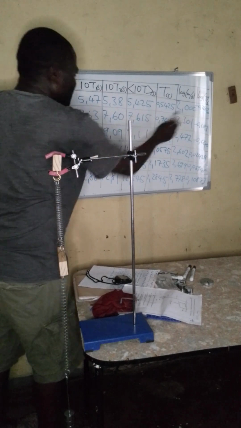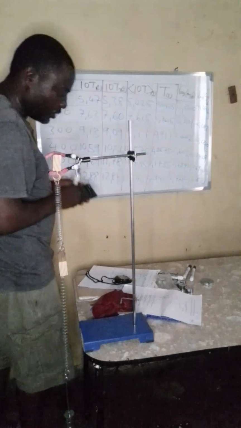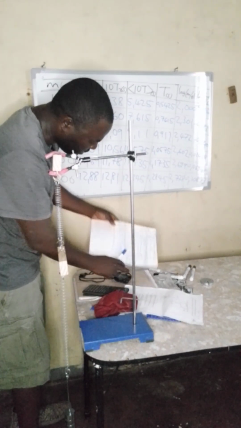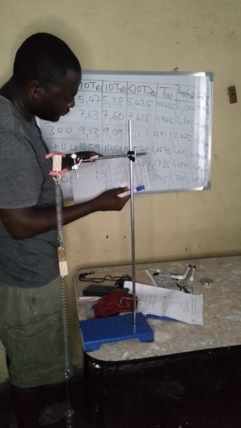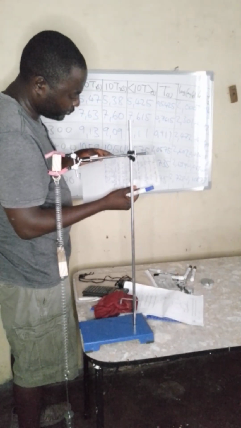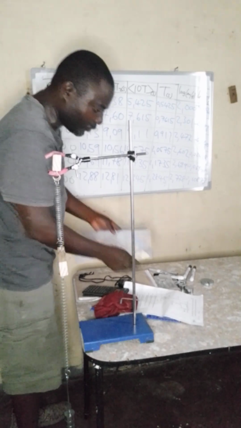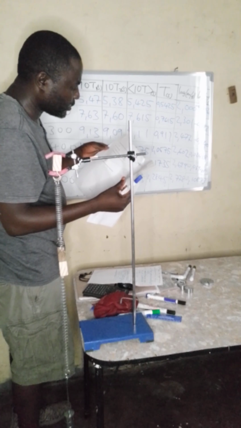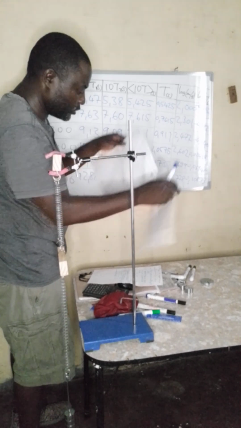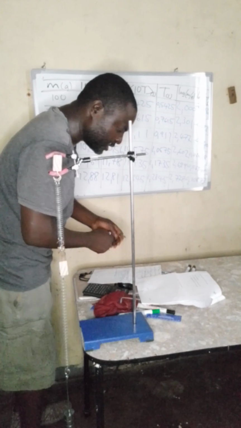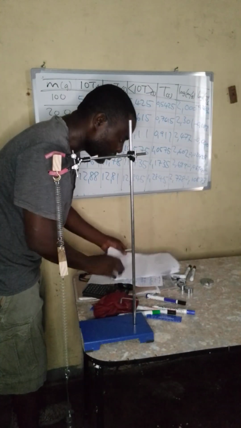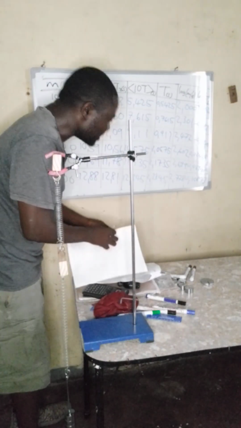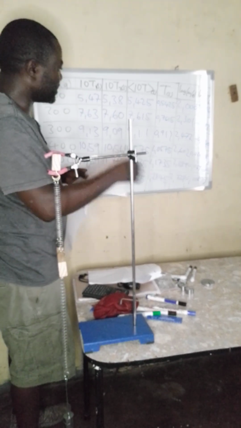So all the raw readings must be correct. So I have to take the very important readings from there so that I can proceed to process. So this is called raw data. This table is very vital when doing an experiment.